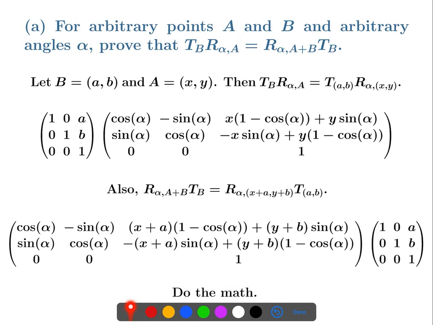Let's say we took the second element in the second row and second column. So the element in the second row and second column in the product. So that means you're taking the second row here and dotting it with the second column. We would get 0 plus cosine of alpha plus 0. So this dotted with this is just giving me cosine of alpha.